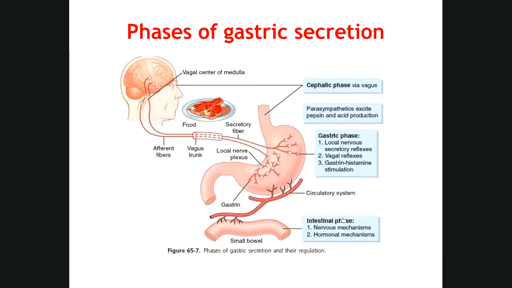Once the food is in contact with the intestine, this will enhance the motility and reduce the secretion of the stomach to cause the emptying of the stomach into the small intestine. And this is also regulated hormonally by other groups of gastrointestinal hormones, and with the involvement of the nervous mechanisms by the vagus nerve.